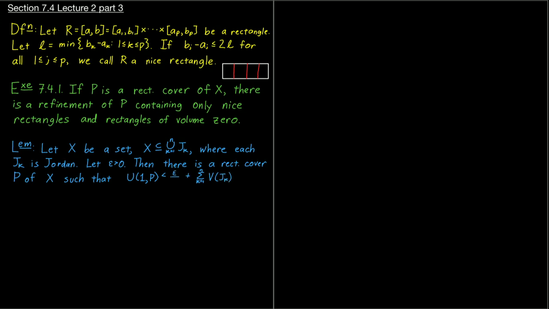And maybe I'd better put the epsilon over 2 at the start, actually, to make it clear the epsilon over 2 is not inside the sum.